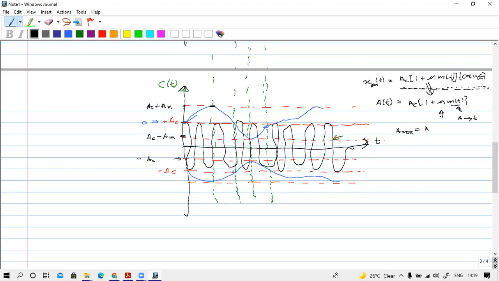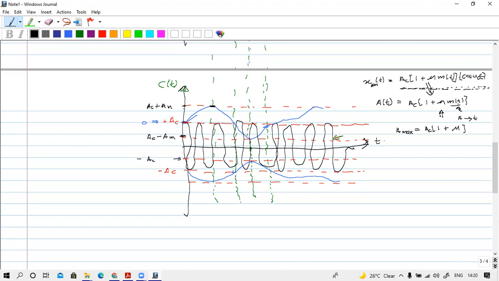Here you have A_C class. I told you that this mu already has the amplitude of this m(t). So here the maximum amplitude is mu. When this is equal to mu, we get the A max.